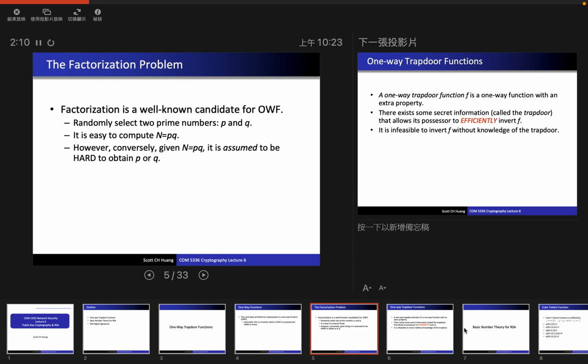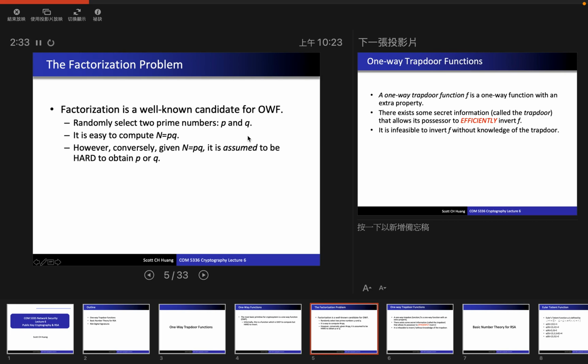Okay, the factorization problem. This is the well-known candidate. It's also the first one-way function. First let's think about it this way. Given two prime numbers, P and Q, one direction is that you multiply them.